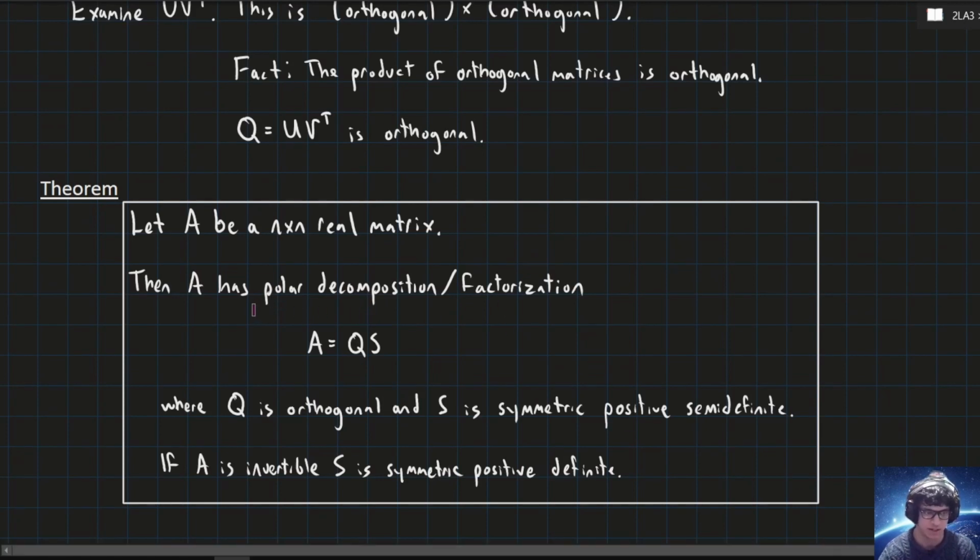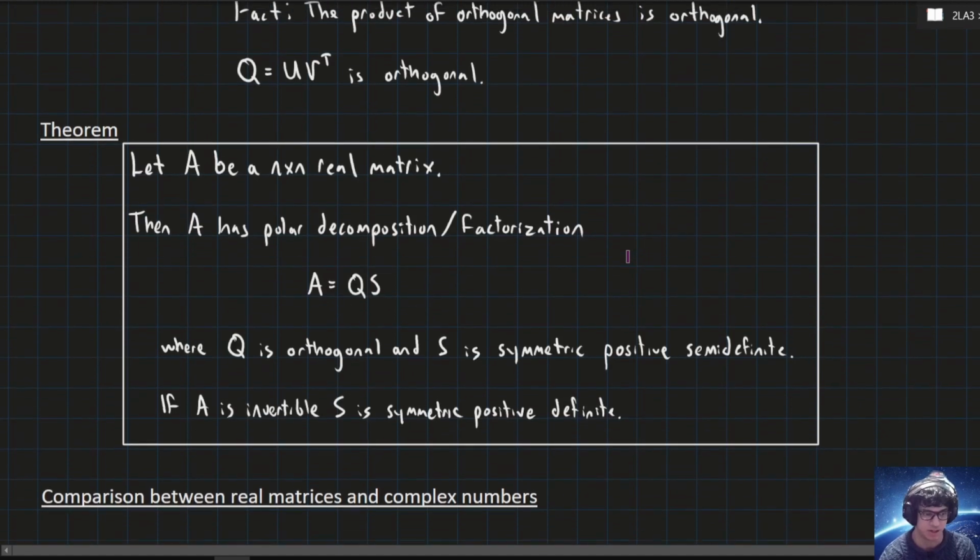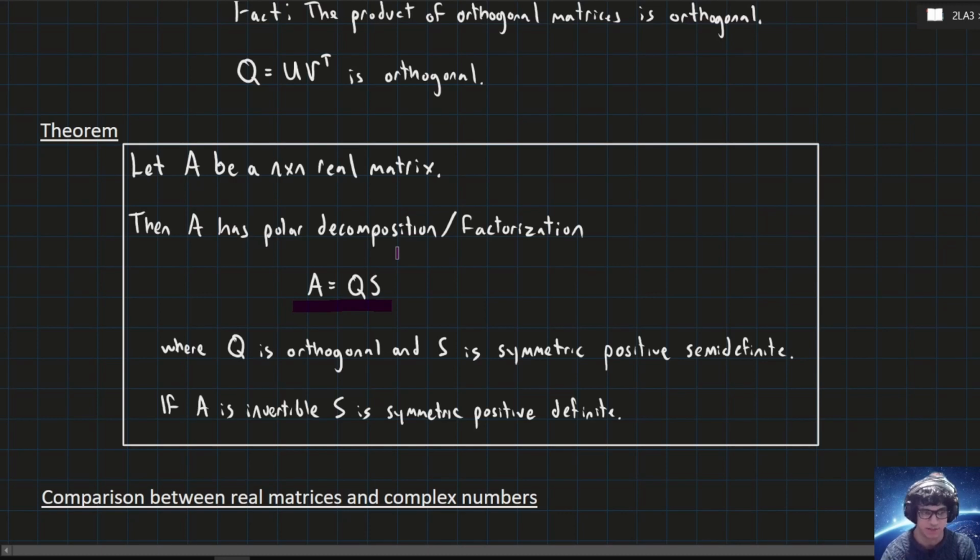You may recognize the word polar here from complex numbers, where we have the polar version of a complex number. And that's not a coincidence. This factorization, in fact, gives an analogy between real matrices and complex numbers.